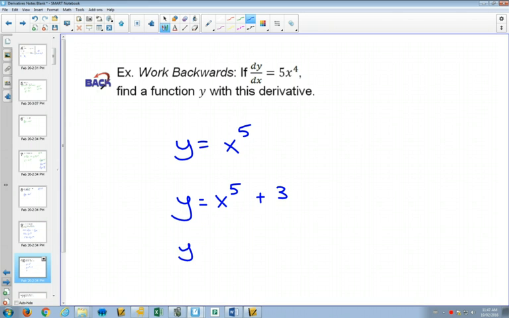Or we could have had x to the 5. Anybody have a favorite number that hasn't been used for a while in a math class? No favorite numbers out there? 7? Okay. Positive or negative 7? Negative 7? Oh, nice. So that also would give us a derivative of 5x to the 4. What's that? Well, infinity would work, although it's technically not a number.